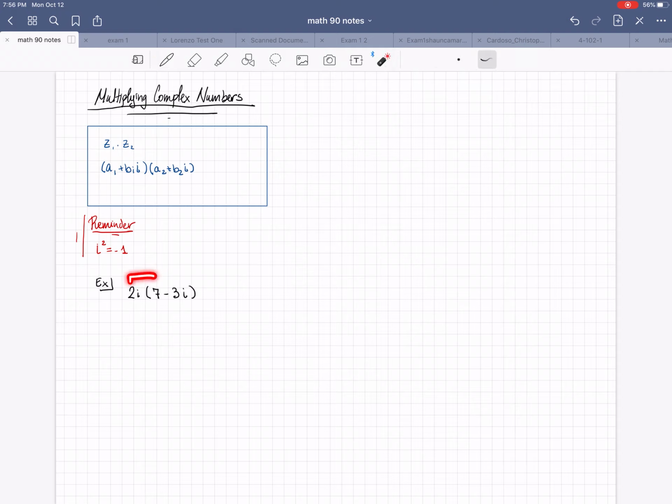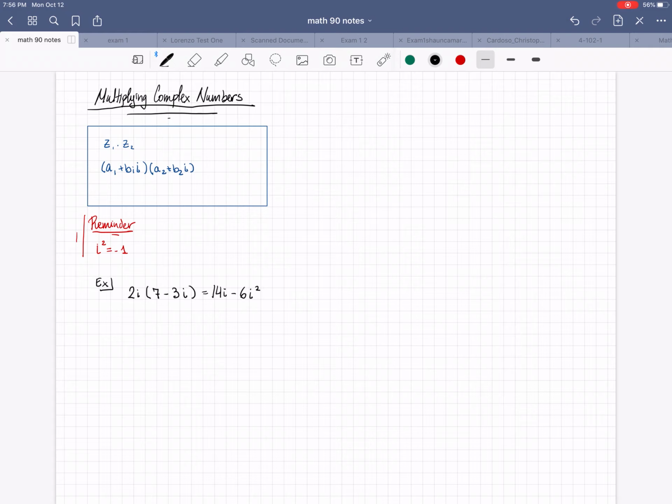The distributive property would have us multiply the 2i by 7 and the 2i by -3i. And that's exactly how we proceed. 2i times 7 is 14i. 2i times -3i is minus 6i squared.